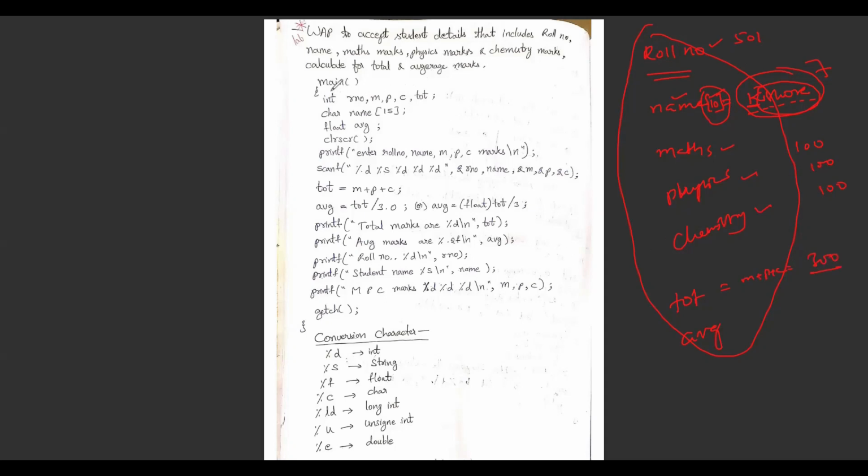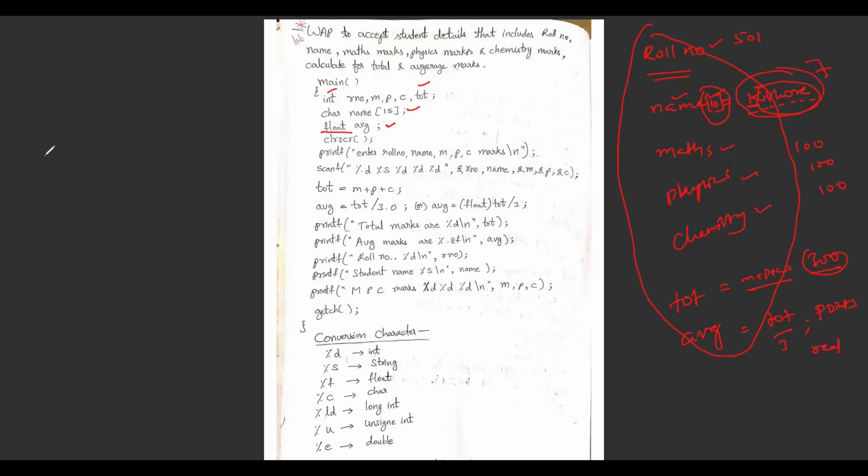So I've taken int total. Then name is a character array. Then float average: total by 3, the number of subjects, gives you the average. That can be in real values, with decimal points. So in order to store that real value, you're going to use float average.